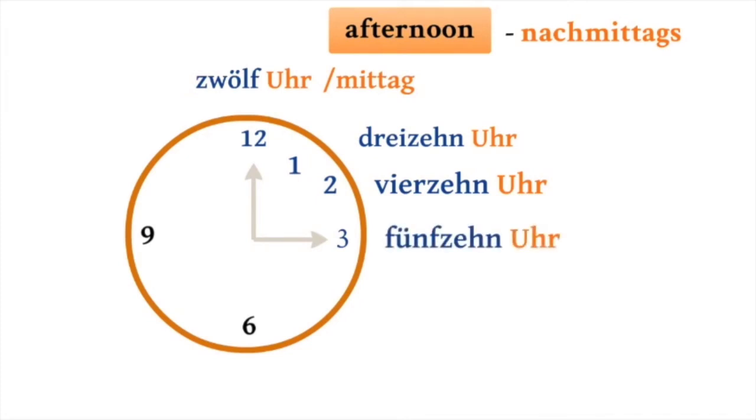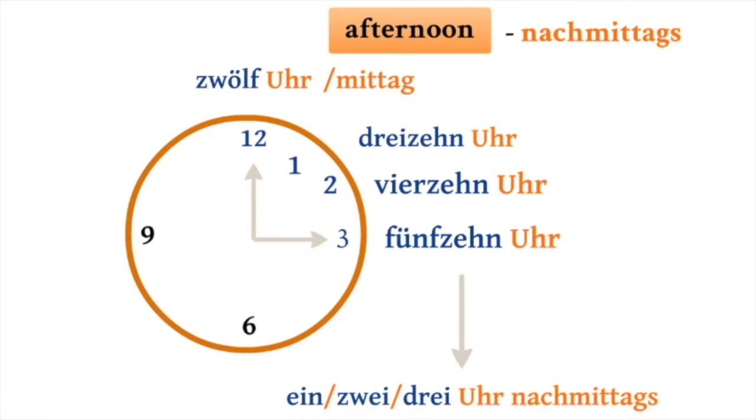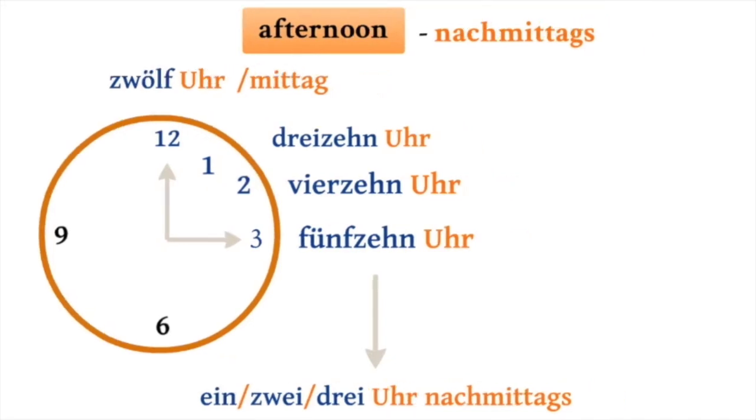For the time 1 o'clock to 3 o'clock, 13 Uhr, 14 Uhr, 15 Uhr, you can also simply say 1 Uhr nachmittags, 2 Uhr nachmittags, or 3 Uhr nachmittags.